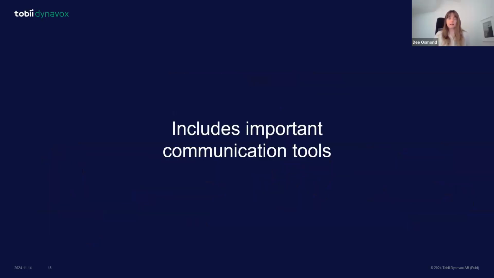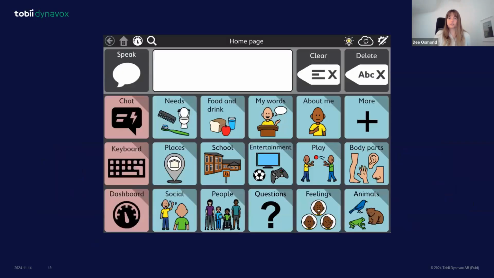So TD Snap Express also includes other important communication tools. I'll go through and show you what those are now. On this homepage, as I mentioned, you have this red toolbar, and then you have a chat function.